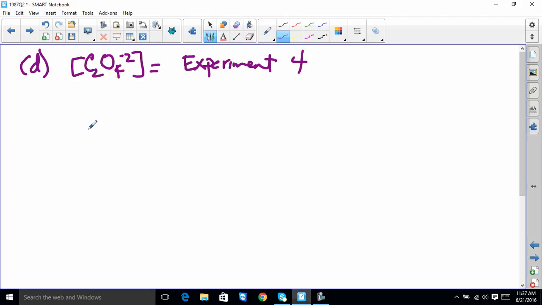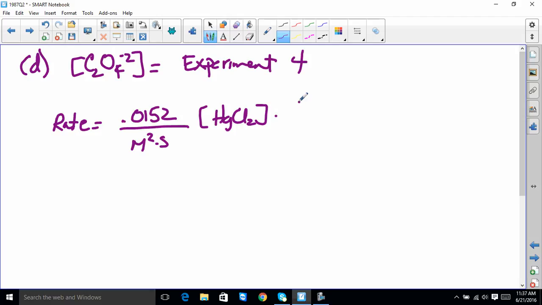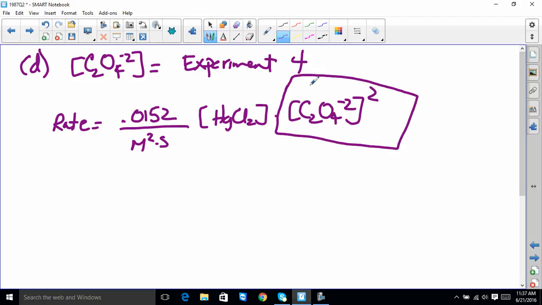We know from part 1 that the rate is equal to 0.0152 over molarity squared times second times the concentration of HgCl2 times the concentration of oxalate ion squared. And so now in this question, they want us to calculate this, because in experiment 4, we know this, and we know this, and what we don't know.